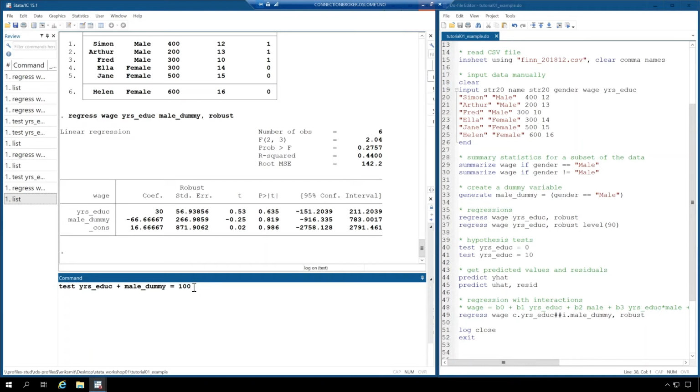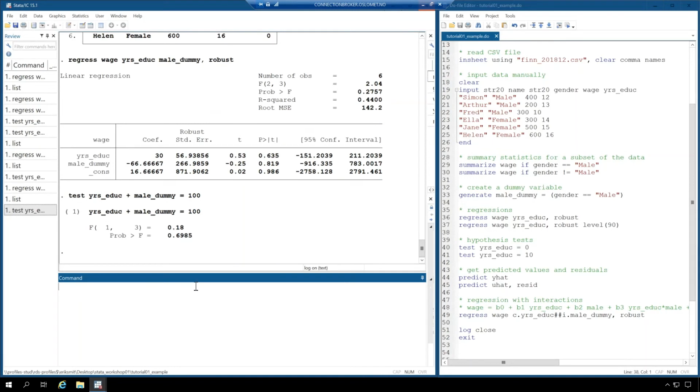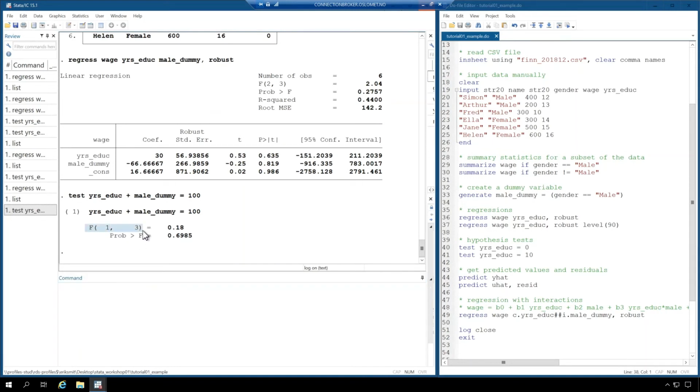And we test this by looking at the F statistic, and we see that the null hypothesis, if we say that this is the population value, then, and given the robust standard errors, what is the probability of getting this result?